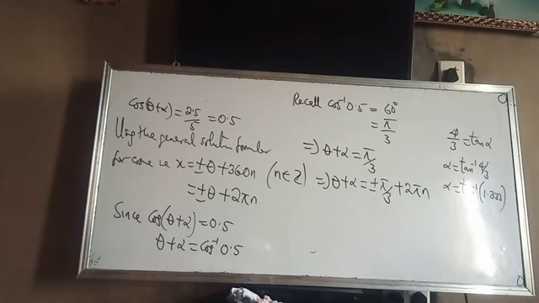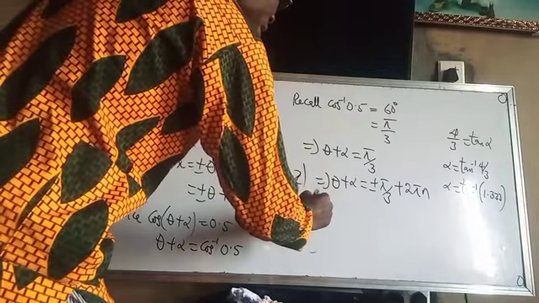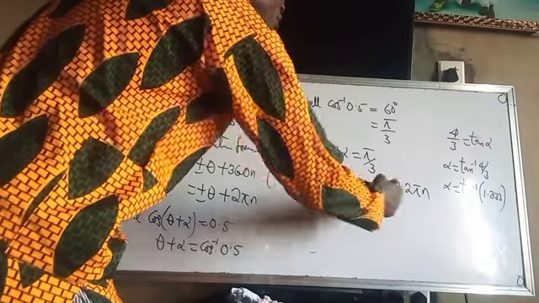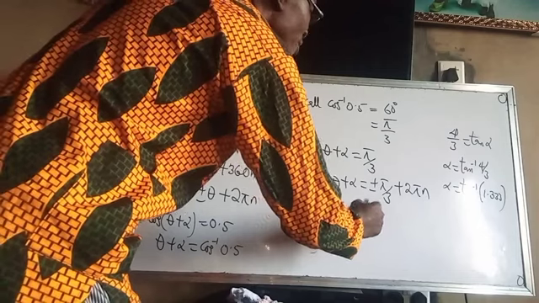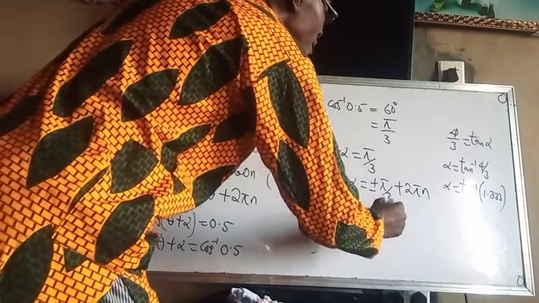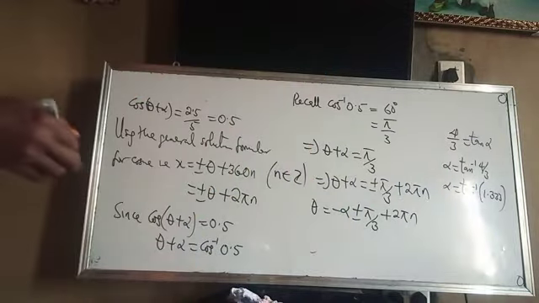So the next thing now is the expansion. How do you expand this? You have theta equal to, take this to the other side, minus alpha plus or minus pi over 3 plus 2 pi n.